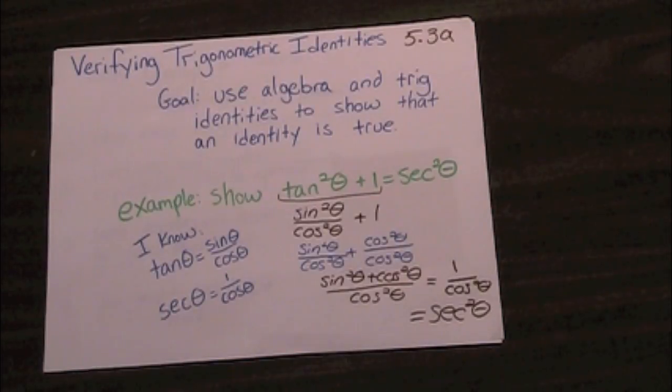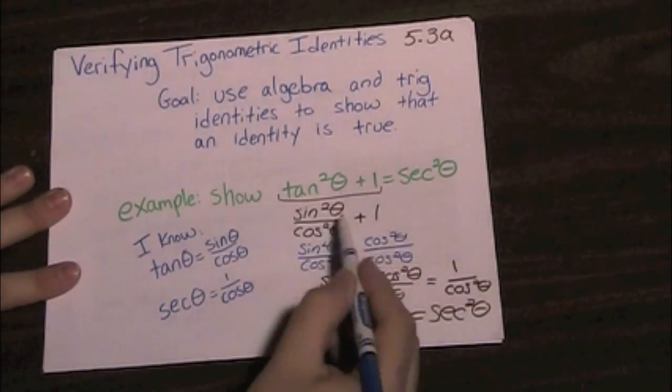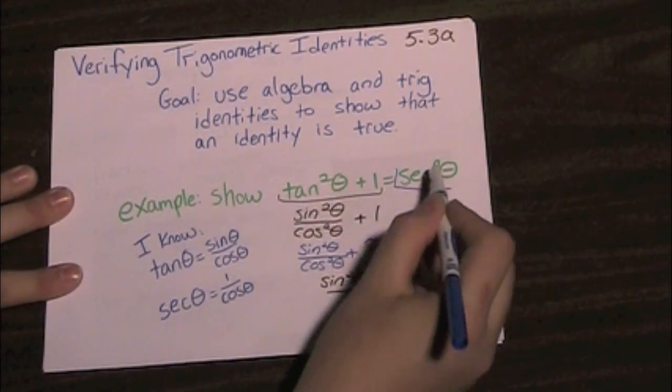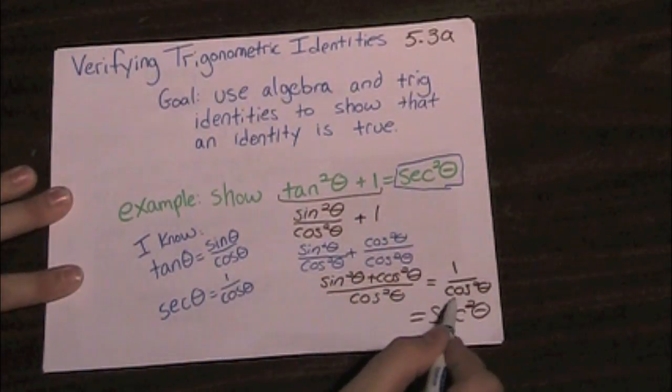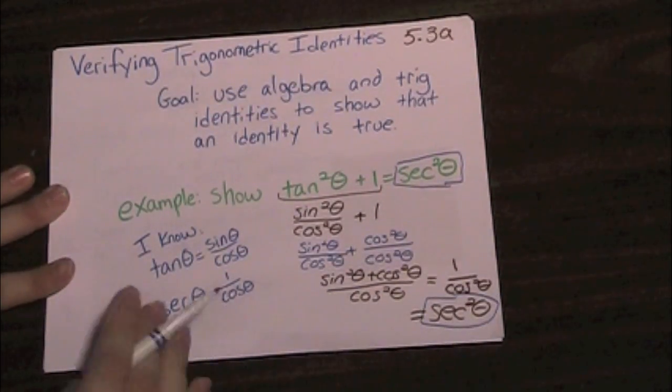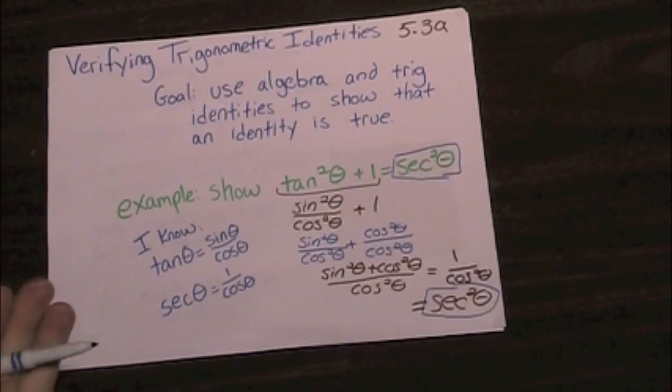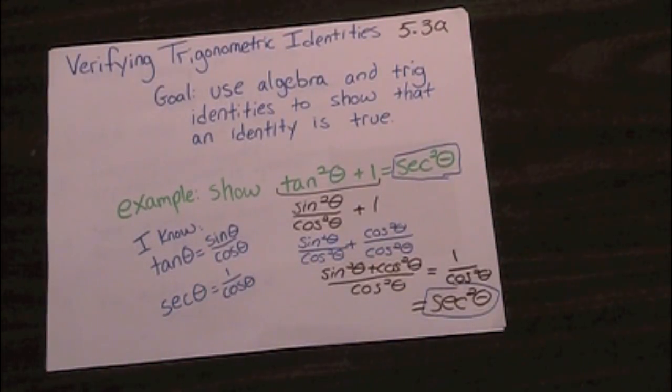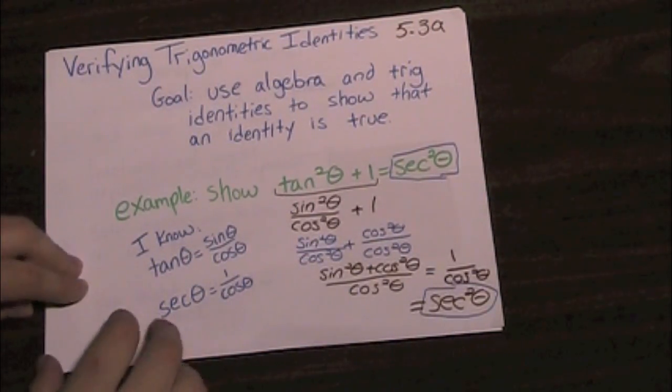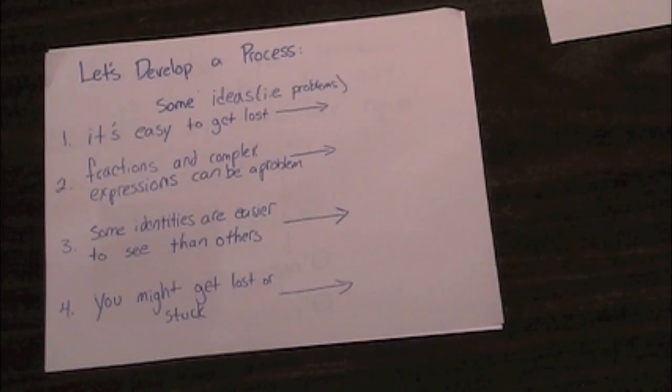What we managed to do here was take the left side of the equation and show algebraically that it meant the same thing as the right side of the equation. And that's what we're going to be spending some time on today: the process for verifying identities.